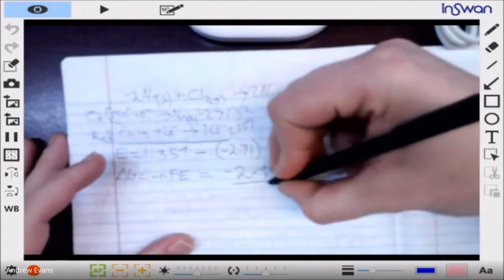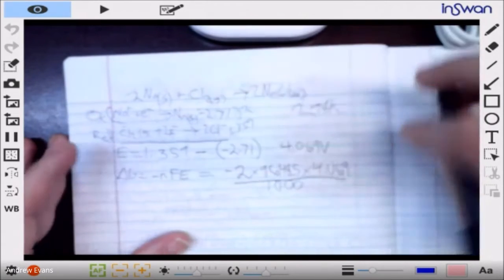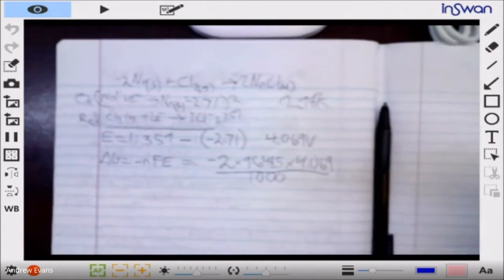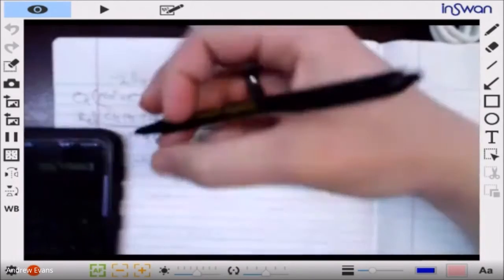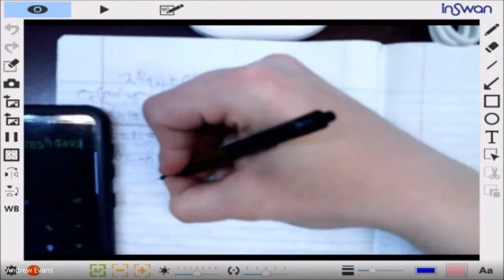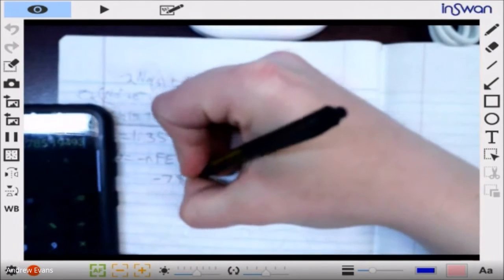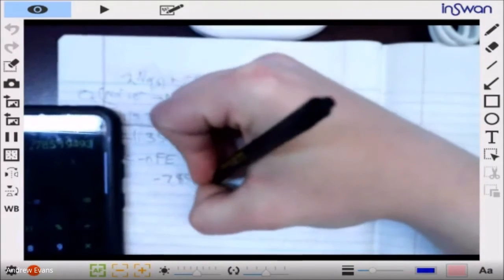All that needs to be divided by 1,000 to get this into kilojoules. 2 times 96485 times 4.069 divided by 1,000. You would get, holy cow, that would be negative 785 kilojoules.